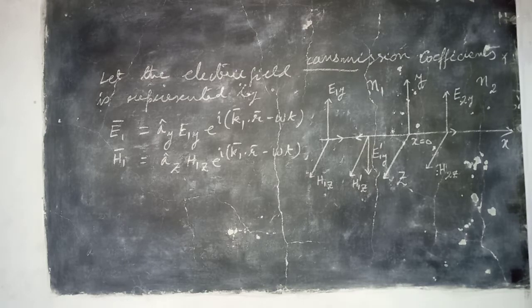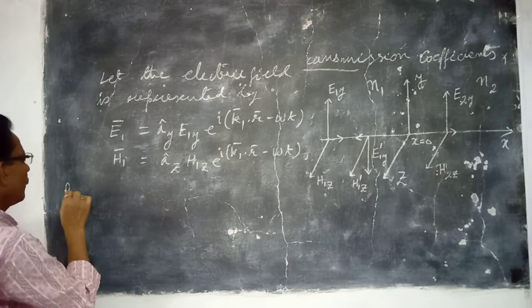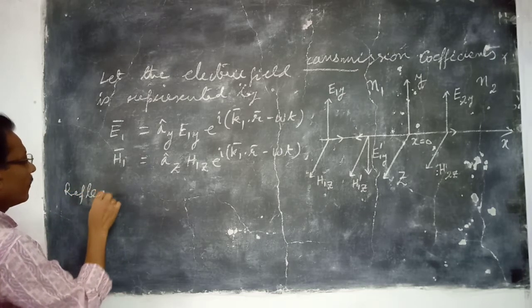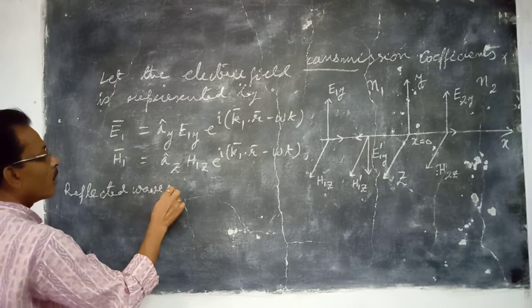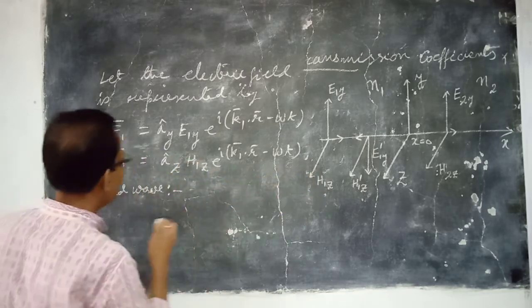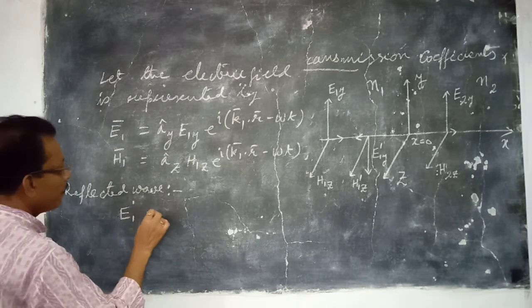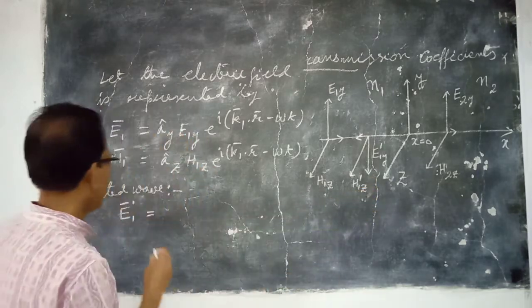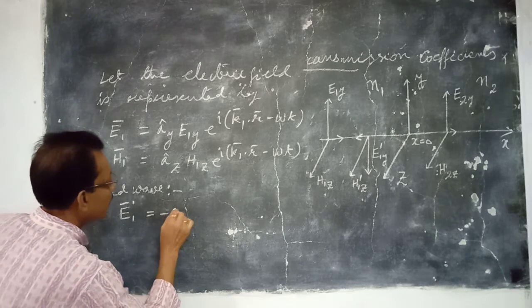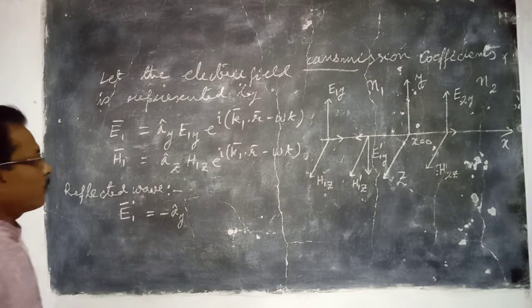And the reflected wave, E1 prime. It is vibrating along the negative y-axis, that is minus a_y, which represents the negative y-axis.